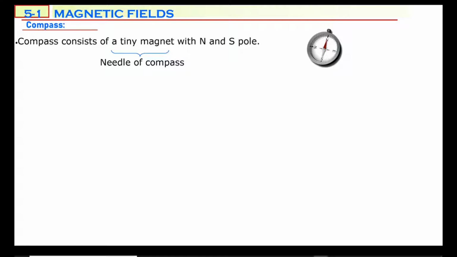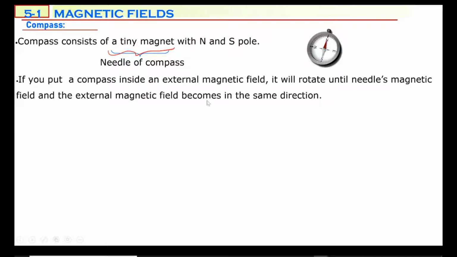So this compass, that tiny magnet, is used to determine the direction of the magnetic field at every point. That tiny magnet is sometimes called the needle, because it is so small, that's why it's called the needle of the compass. So as I said, a compass is a small magnet.